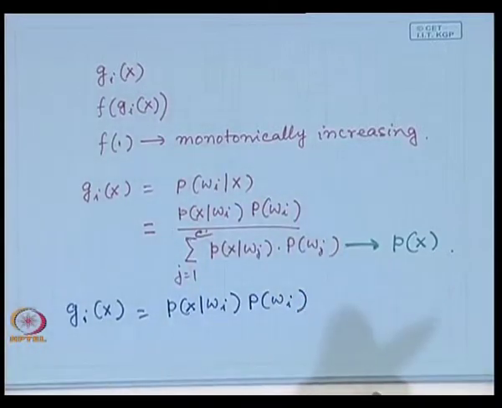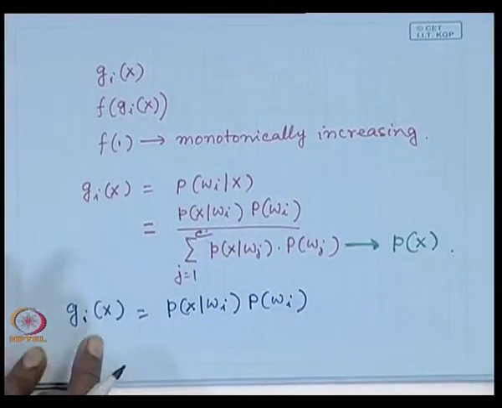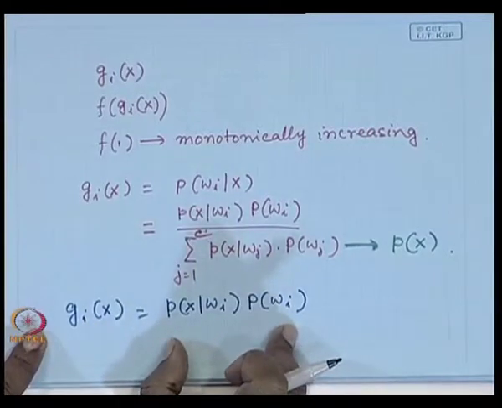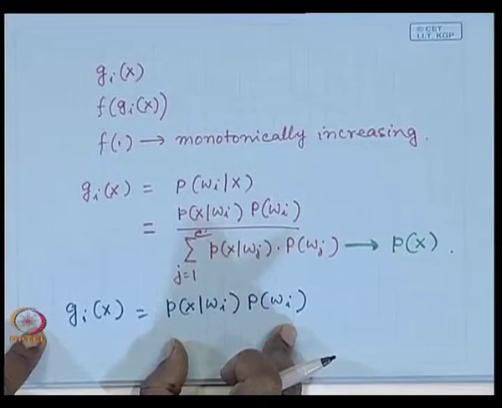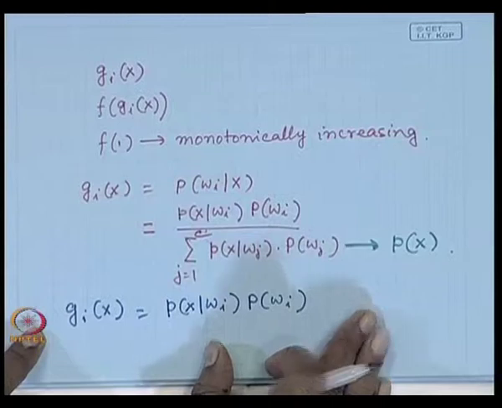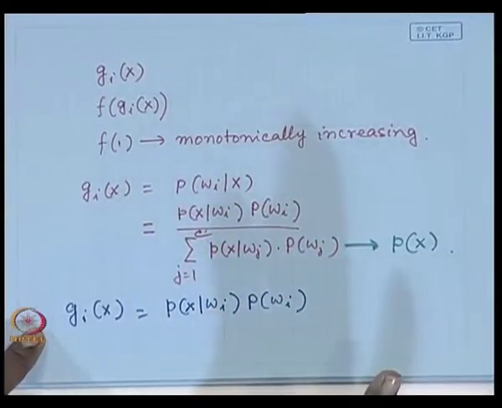Now, when I define g_i(x) like this, there is a product term, and whenever I have a product, it is more difficult to implement as well as analyze than if I have a summation, right.